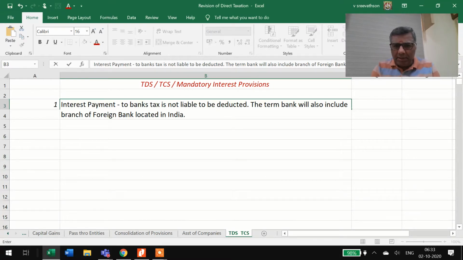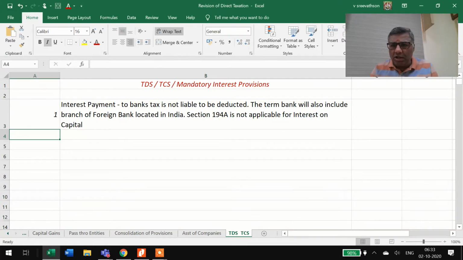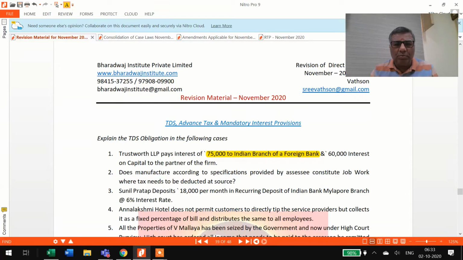Similarly, section 194A is not applicable for interest on capital. Interest on capital is not covered under 194A, so you can be sure it will not be there.